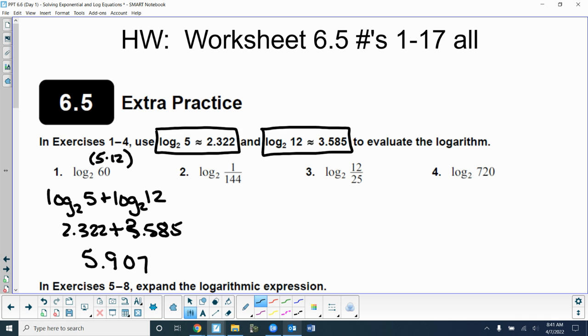Now, we also learned on Monday that we could put this in the calculator, the change of base formula. Okay, which means to do what, Caleb Collins? How do I put this in my calculator using the change of base formula?